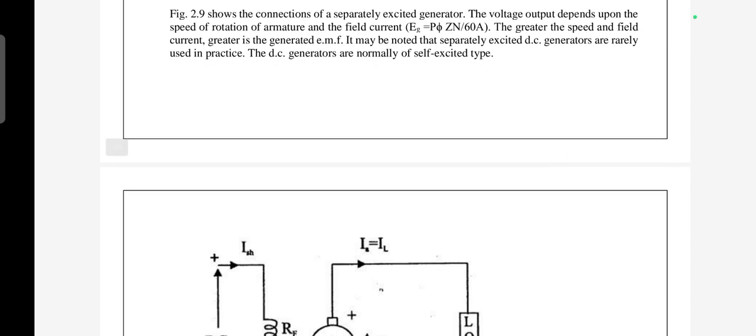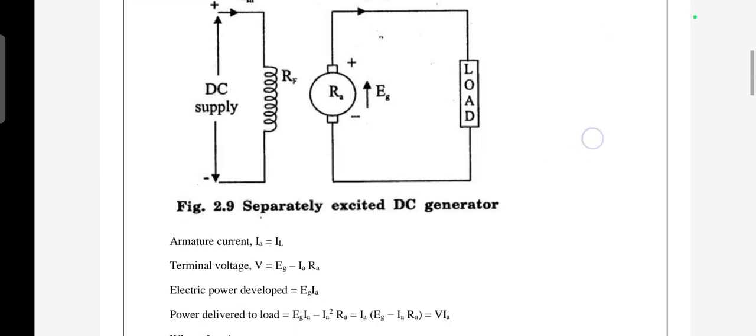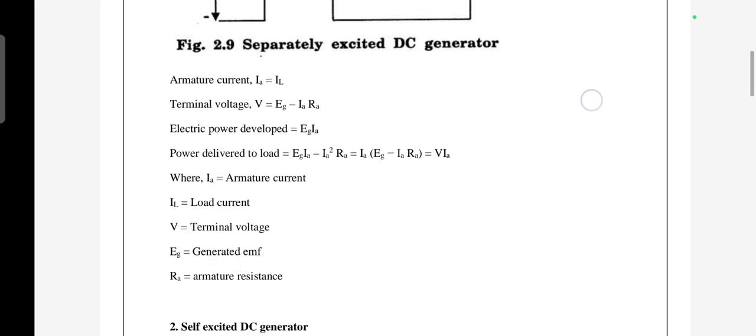The greater the speed and the field current, the greater is the generated EMF in the separately excited DC generator. So the armature current Ia is equal to IL and the terminal voltage V is equal to Eg minus Ia Ra, where Eg is the EMF generated by the flux that is excited. The electric power developed is equal to Eg into Ia. Power delivered to the load is equal to voltage into armature current.